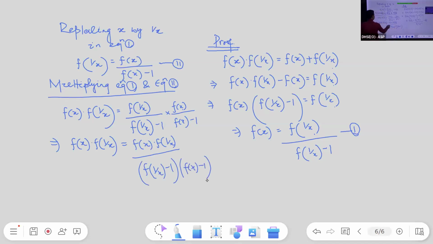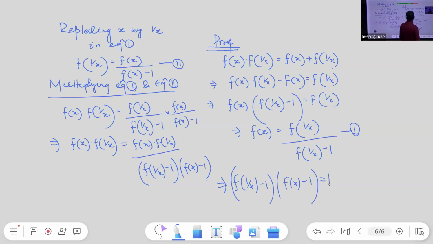These are two non-zero factors. We can cancel f of x into f of 1 by x from both sides of the equation. Cancelling the common term, we'll get f of 1 by x minus 1 into f of x minus 1 equals 1.